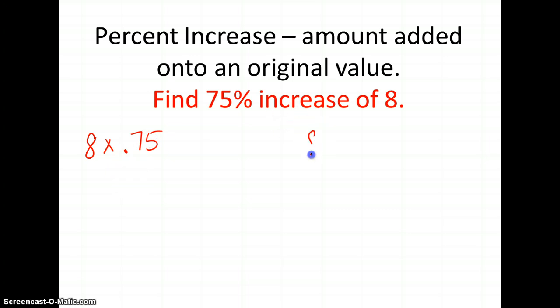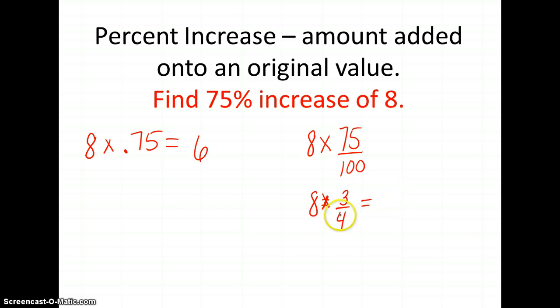Or I can take 8 and multiply it by 75% as a fraction. Now 75% as a fraction can be simplified to 3/4. That's going to make multiplying much easier. In either case, I get 6.